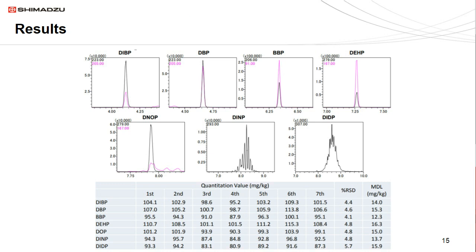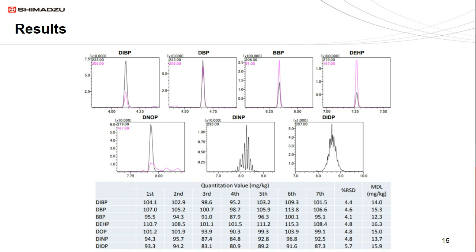Here we can see the mass chromatograms for the phthalate esters obtained by the measuring of our 100 milligram per kilogram phthalate ester standard sample. These were detected with sufficient sensitivity, even at a concentration of 1/10 of the prescribed or required concentration of the regulation.